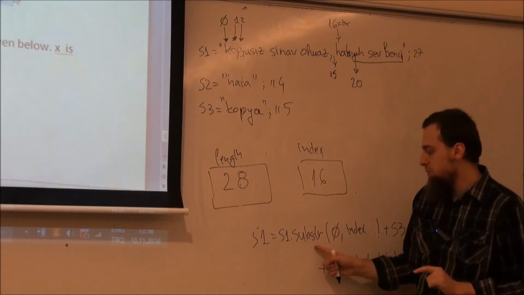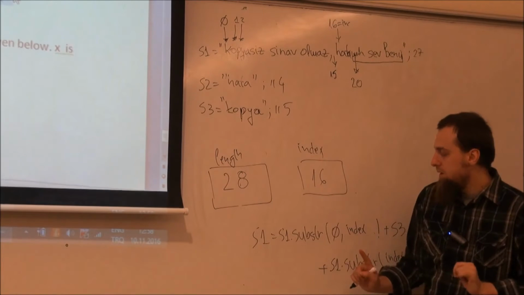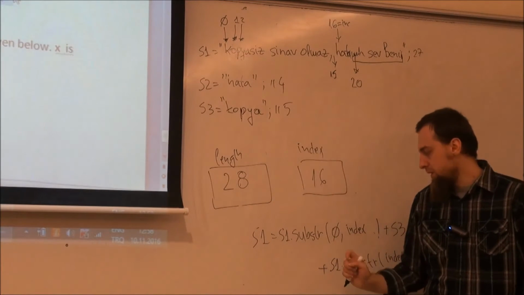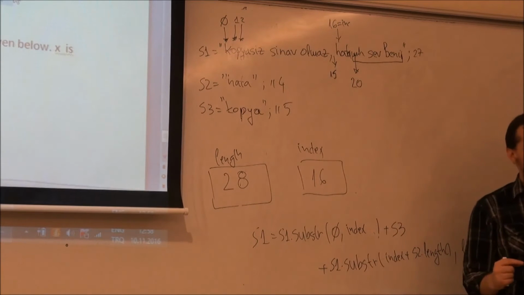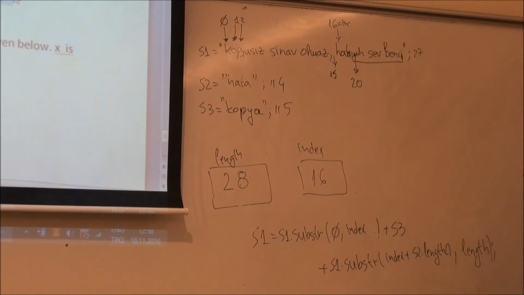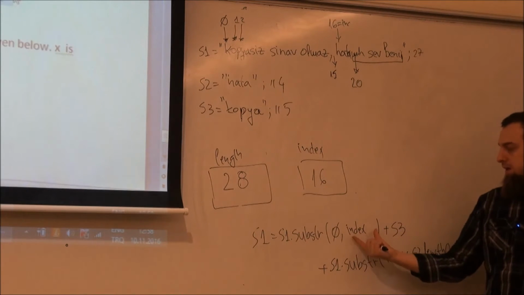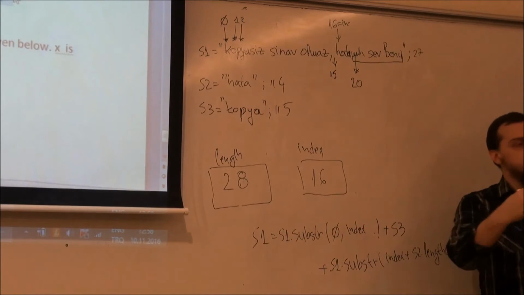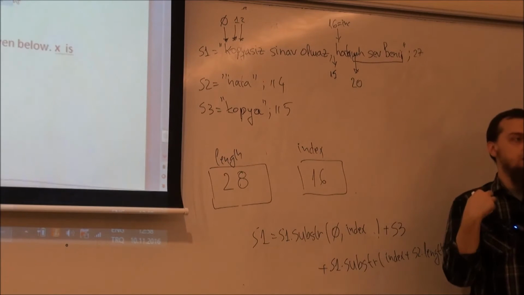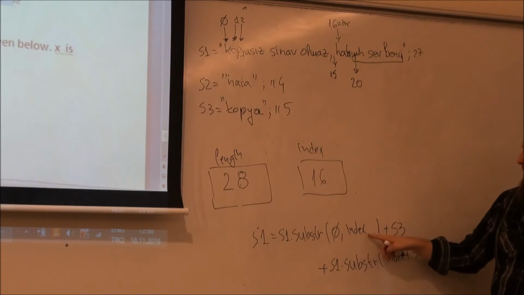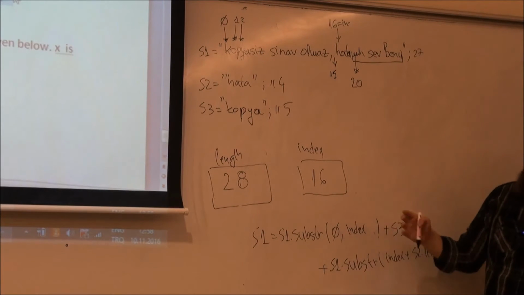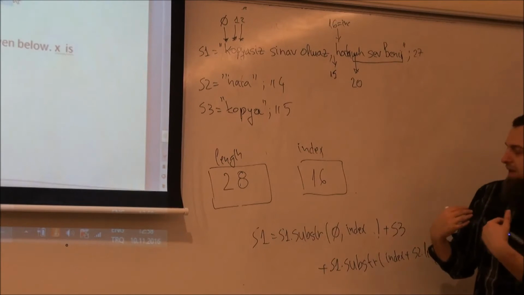So substring works in the following manner. It's a member function of the class string. It takes two parameters. The first parameter tells us the index we start from, and the second parameter tells the number of characters that we are taking from that substring. For instance, when I say substring from 0 till index, and this is 16, what I'm getting is the following.